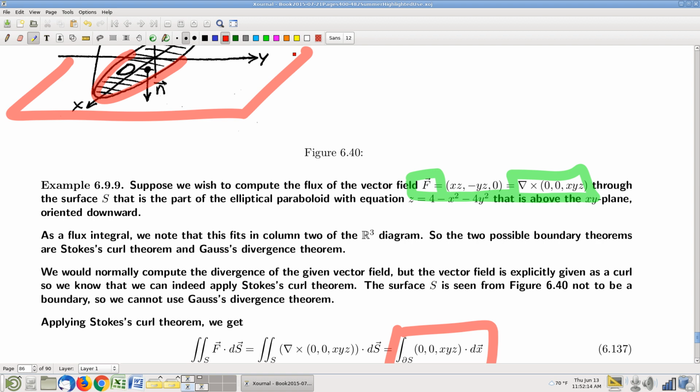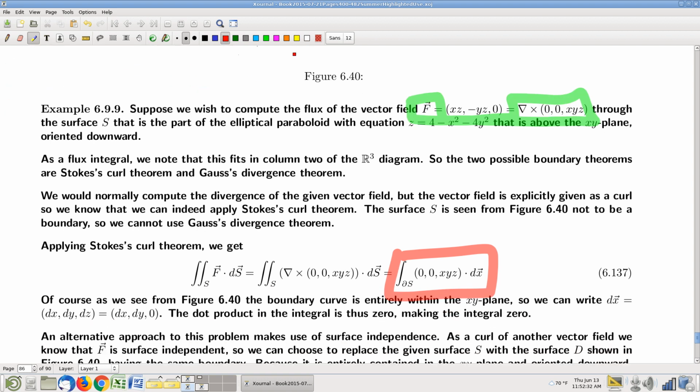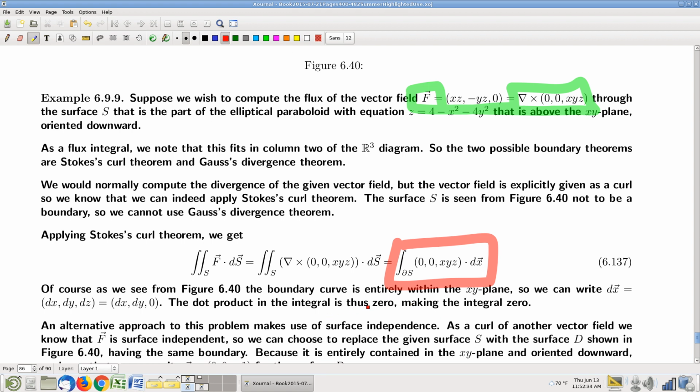After all, z is always 0, so dz is always 0. And that means that this dot product is always going to be 0. Everybody on board with that? So this integral is sort of, I'm going to say, immediately 0. And that'll bear out if you write out the details, but the integral is 0.